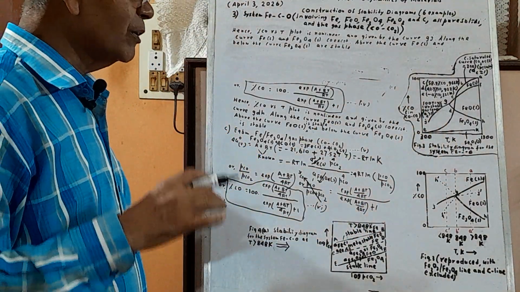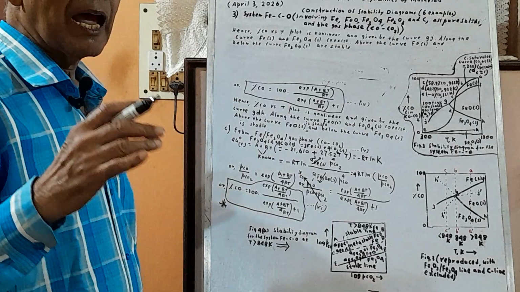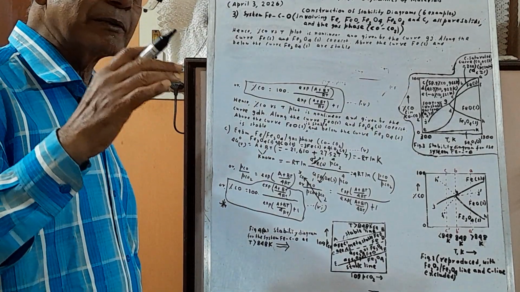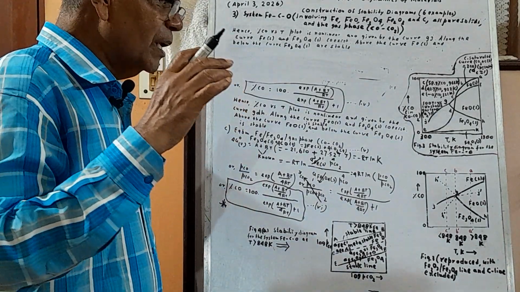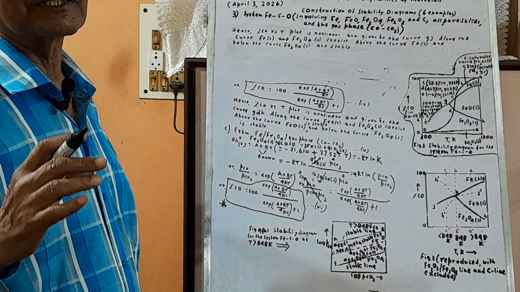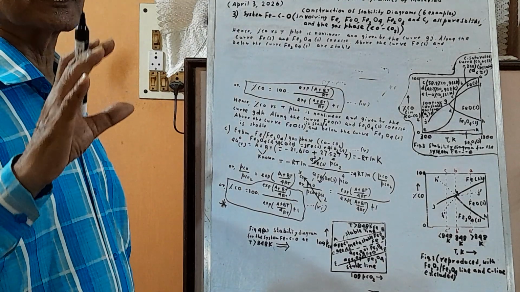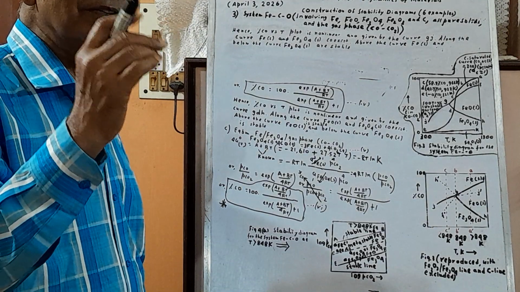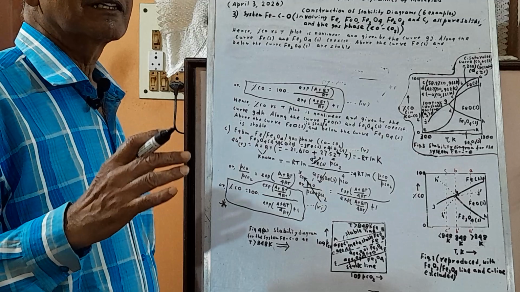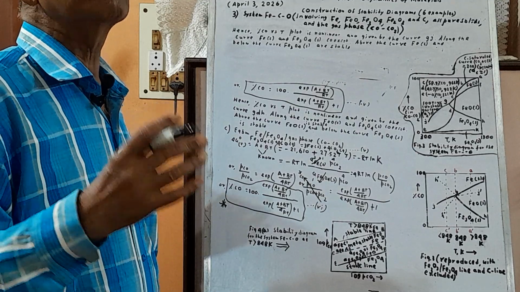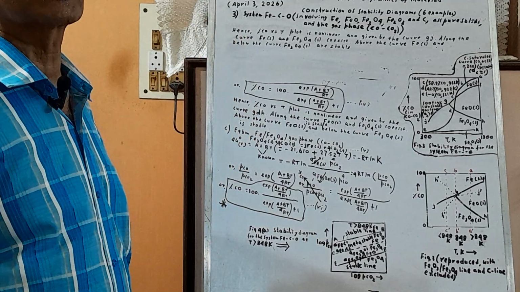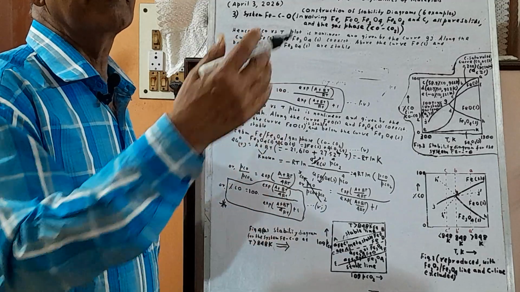But I always like my students to be fully aware of the stability fields and to have the complete picture, not a truncated picture. Why Fe2O3, sir? You are talking of FeO, Fe, Fe3O4.